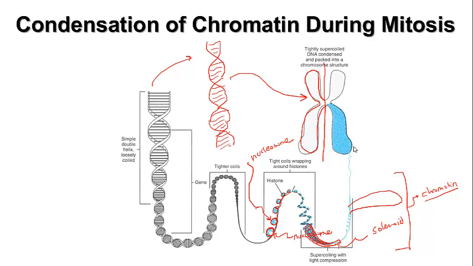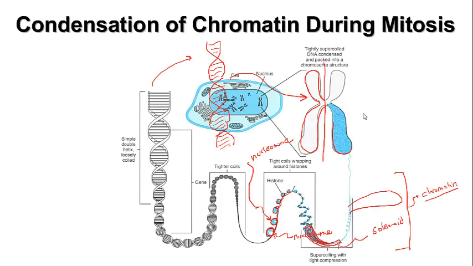So eventually we end up with two identical sister chromatids, which are bound together at their respective centromere regions by a kinetochore.